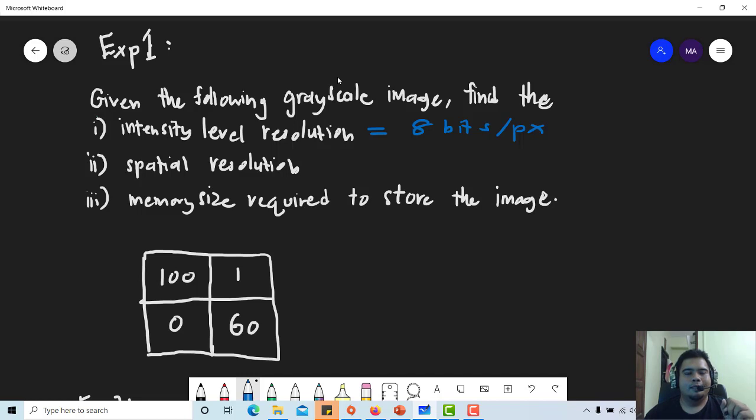That is one way to identify the intensity level resolution. If the question does not mention the size in the first line, then you just use the default value. That is one indicator.